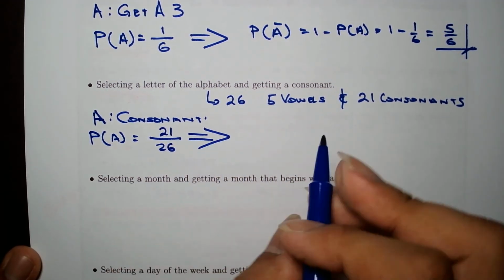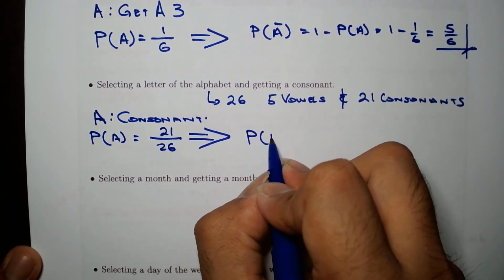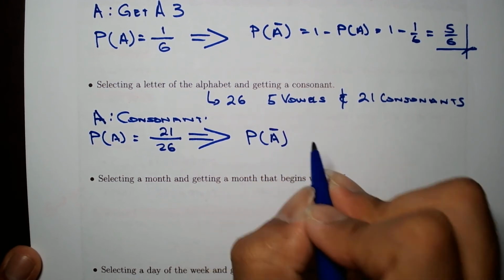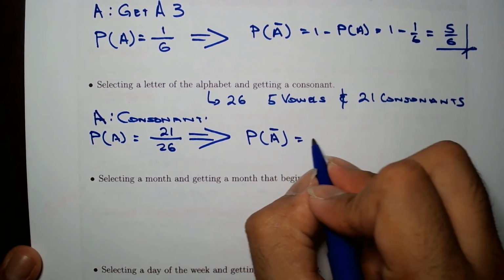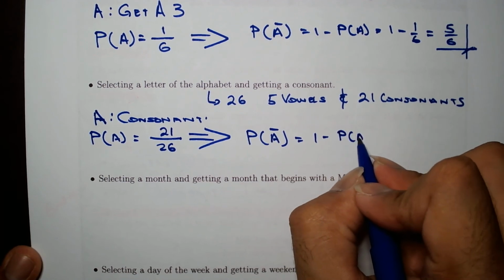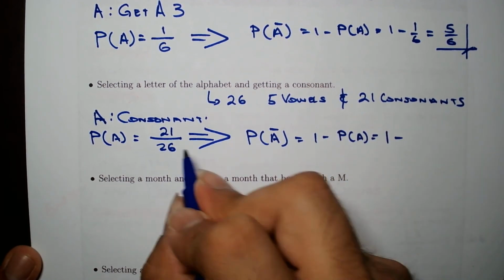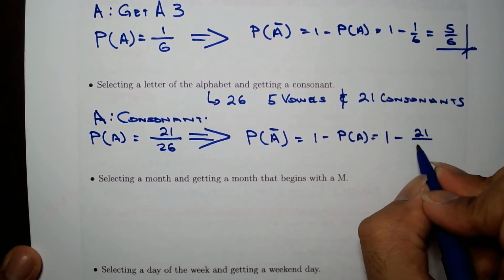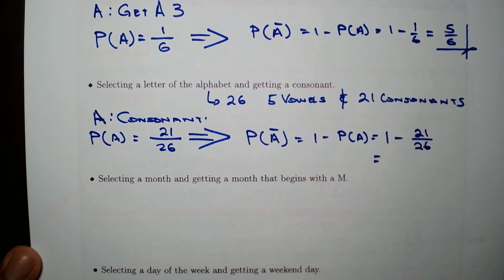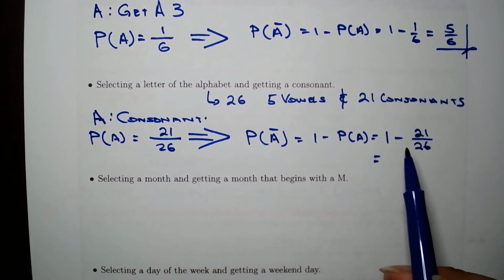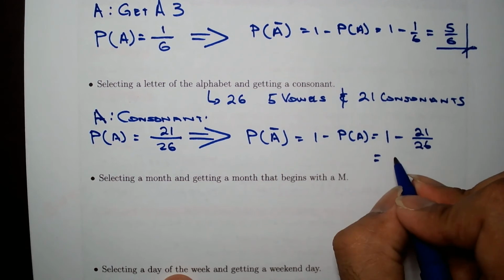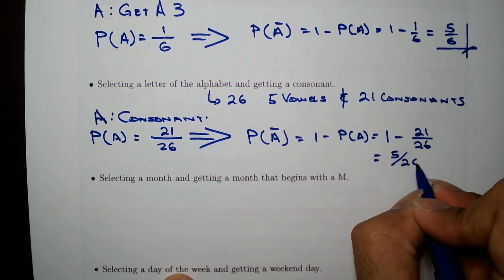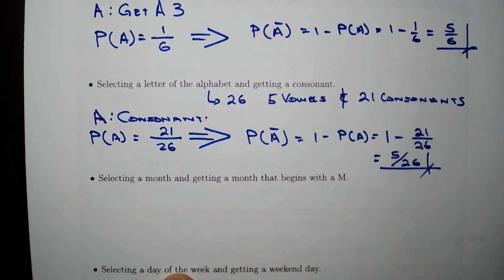To find the complement, that's 1 minus the probability of A, which is 1 minus 21/26. And in this case, 1 minus 21/26 leaves us with 5/26. Final answer.